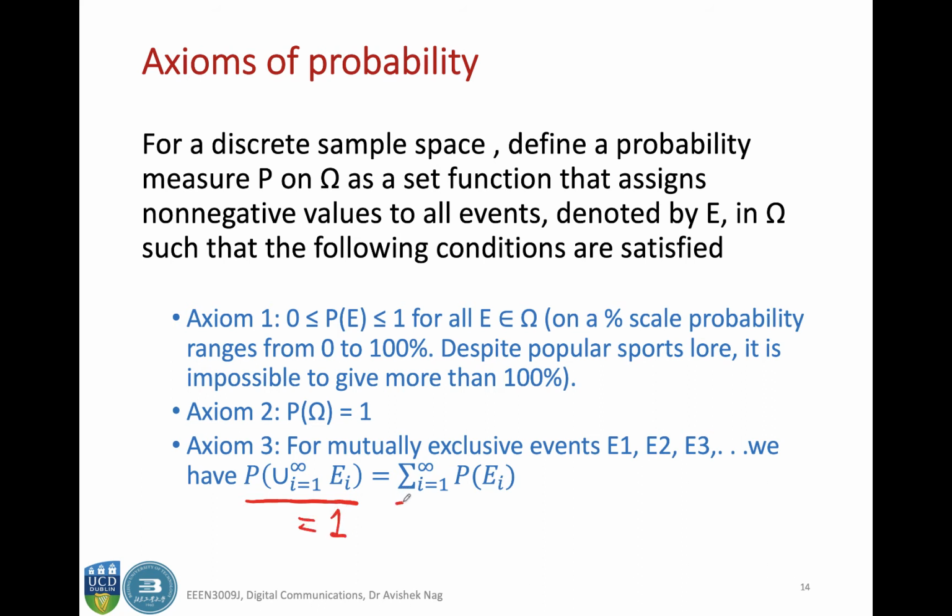And if you then look into the right hand side of this equation, this is summing up all the individual probabilities, which are each equal to 1 over 6. So you are adding 1/6 six times, and you will get 1 here also. So that's what this axiom 3 states.